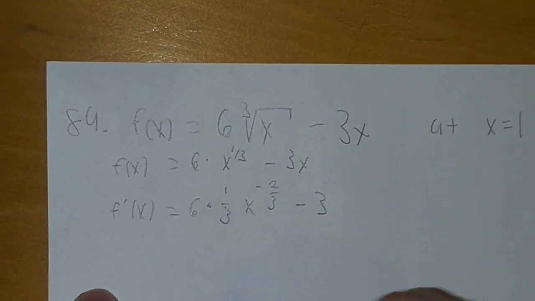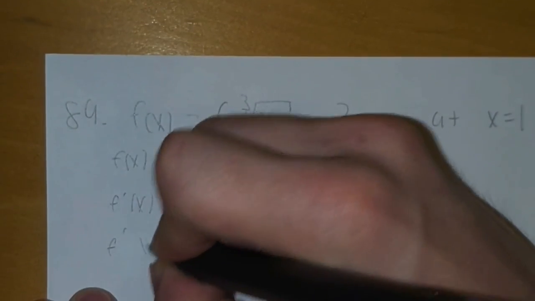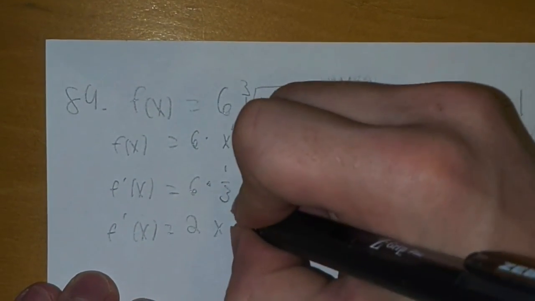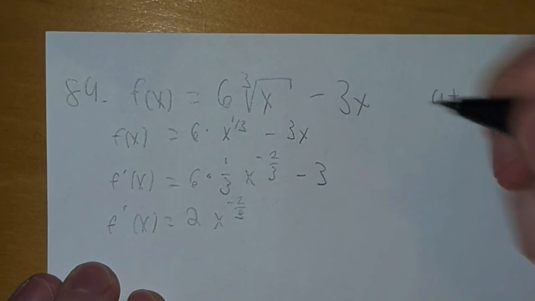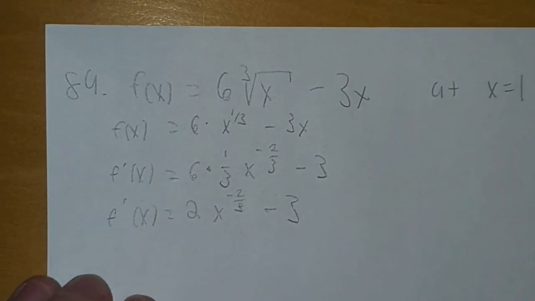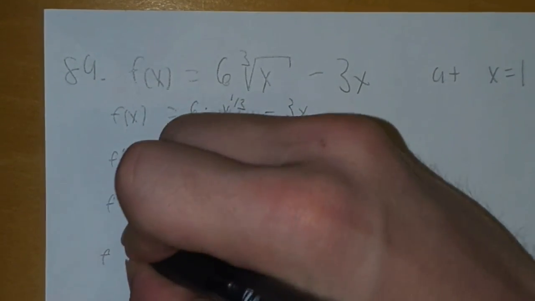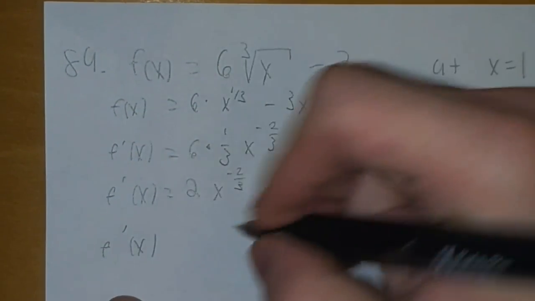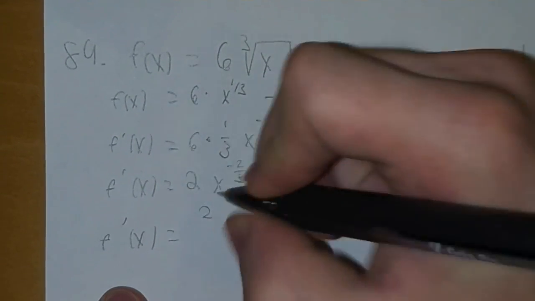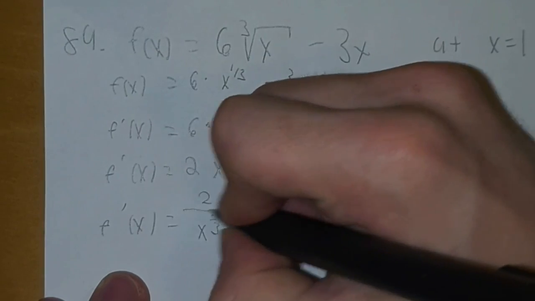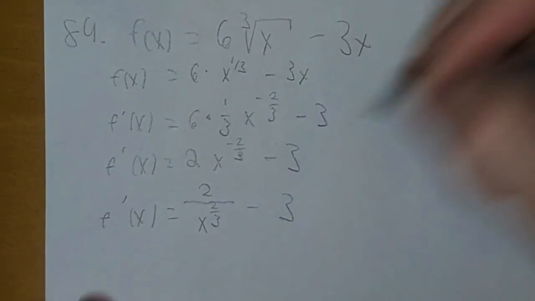Okay, now that we have this, we can multiply, which will give us 2x to the negative 2 over 3, minus 3. Now we simply move this x to the bottom so the negative exponent cancels out, which will give us this.